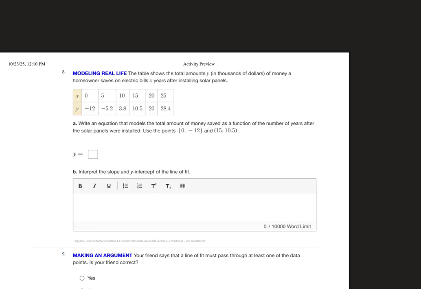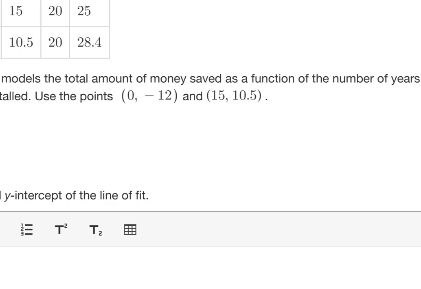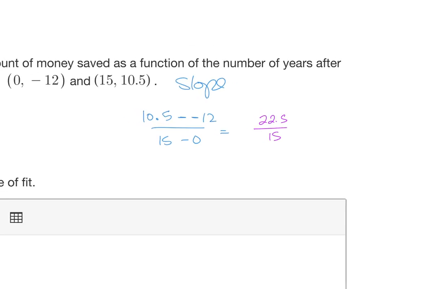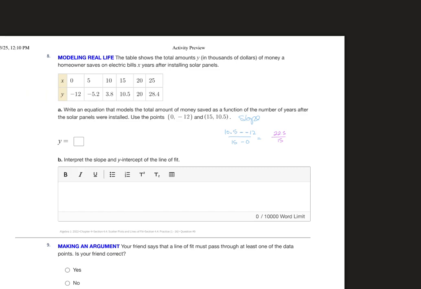What we have to do is find our slope, which is y2 minus y1 over x2 minus x1. So 10.5 plus 12 is 22.5 over 15. And you know what? I'm going to leave it like that for right now.